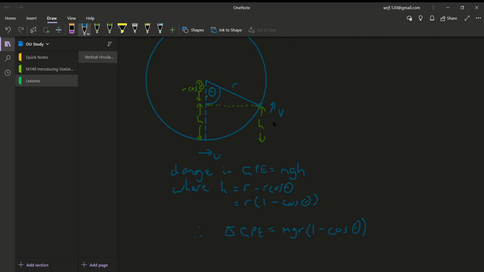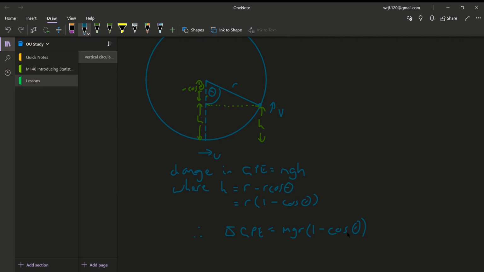And as we go above that horizontal position, up into the top half of the circle, then theta is greater than 90, somewhere between 90 at the horizontal position and 180 at the top of the circle. In all of those cases, cos theta is a negative quantity. For example, when it's 180, I've got negative 1 for cos theta.